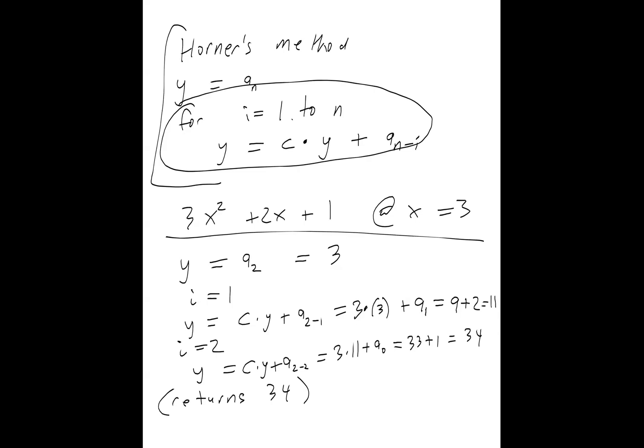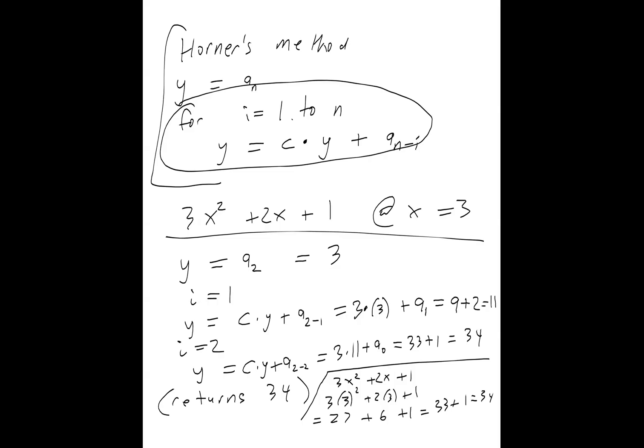So let's check and see if 34 is really correct. What's the value of the polynomial if we do it with algebra? If we take 3x squared plus 2x plus 1 and we plug in 3, we get 3 times 3 squared plus 2 times 3 plus 1, which is 27, plus 6 plus 1, which is 33 plus 1, which is 34.